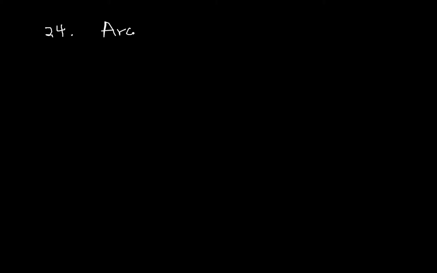Arc. Okay, if you have the arc cosine, this is writing such a mess today. Arc cosine of 150 degrees. When this matches this, it just pops out. It's like the inverse of a number gives you the number.